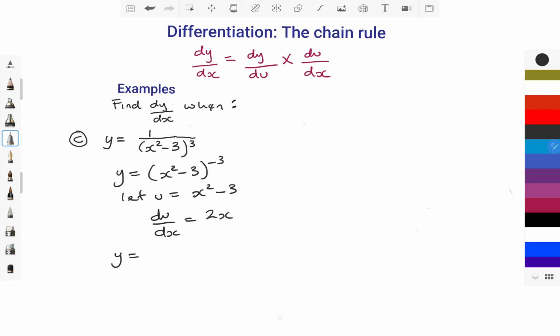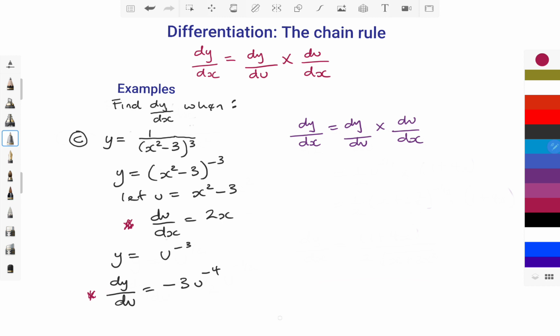Substituting the value of u into the equation, I'm going to have y equals u to the power of minus 3. And finding dy/du, I'm going to have minus 3u to the power of minus 4. Going back to our chain rule, I have dy/dx equals dy/du times du/dx.